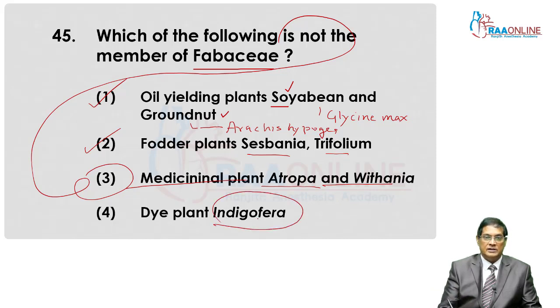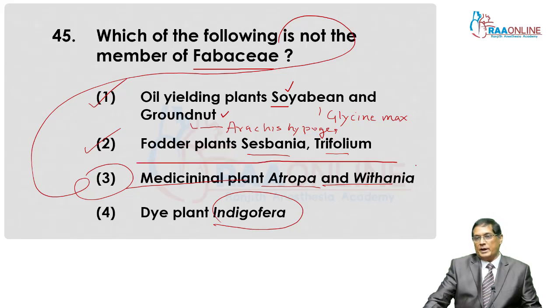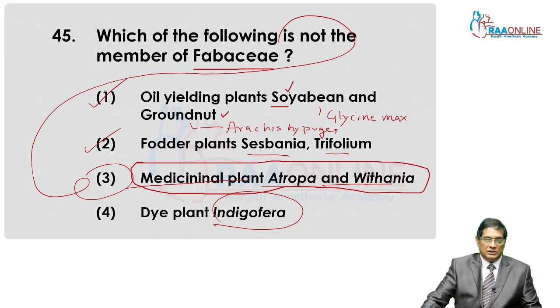Indigofera is a dye obtained from the leaf and it is a member of Fabaceae. So out of 4 options, the third pair, these two medicinal plants, belong to family Solanaceae. Others are members of family Fabaceae.